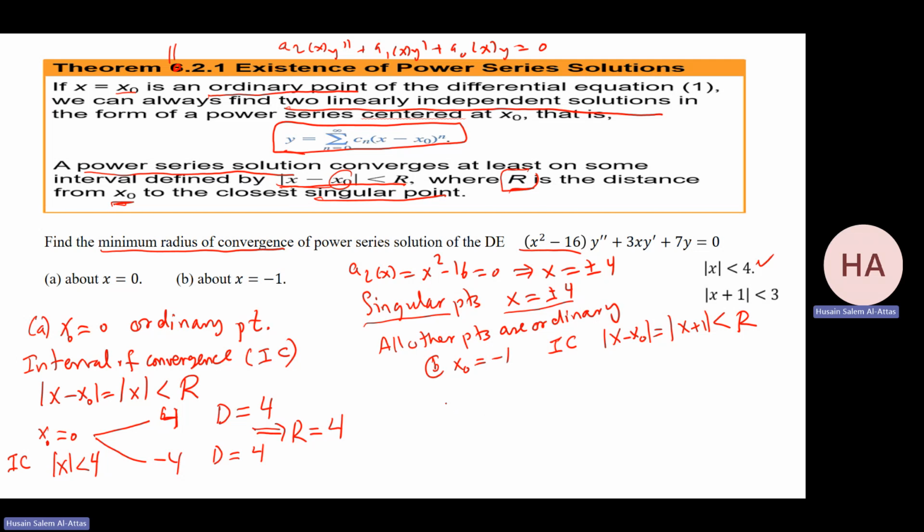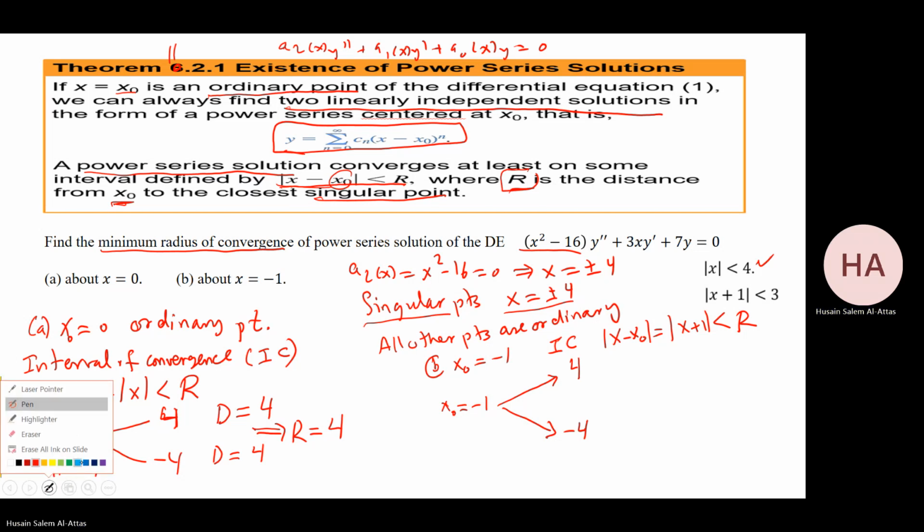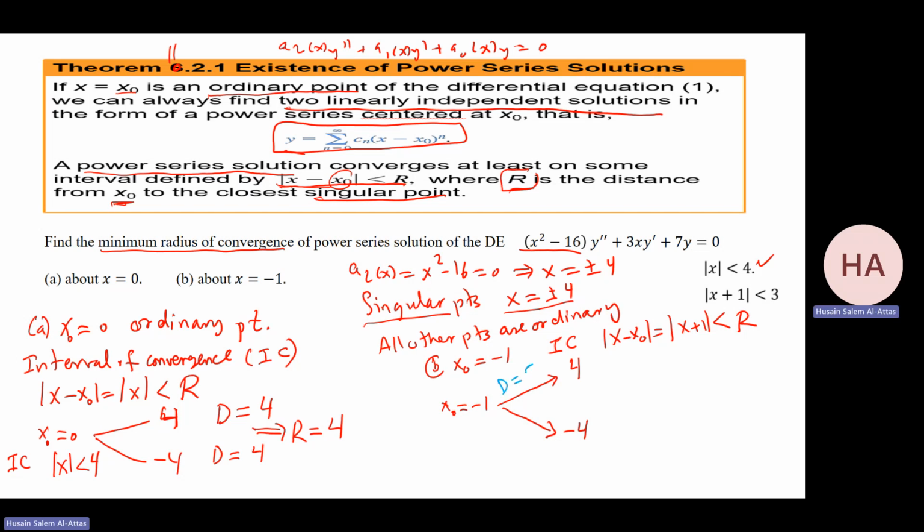Then I have x0 equal minus 1. And I want to check the distance up to 4 and the distance up to minus 4. Be careful here. What will be the distance up to 4? Minus 1 to 4, the distance equal 5.